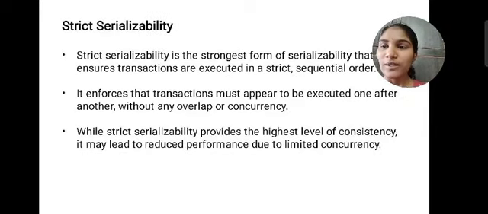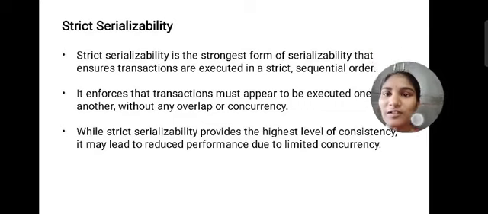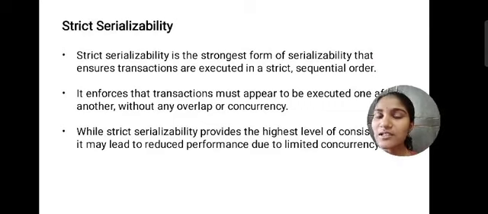And there is also one more serializability called strict serializability. It is the strongest form of serializability that ensures transactions are executed in strict and sequential order. What strict and sequential order means is that parallel transactions are converted into sequential order to maintain data consistency.